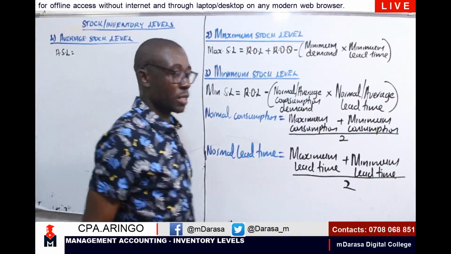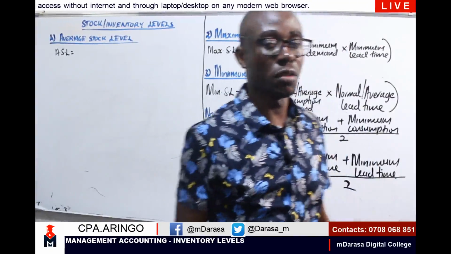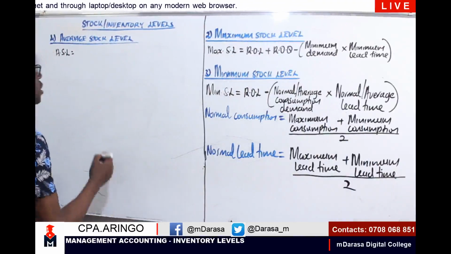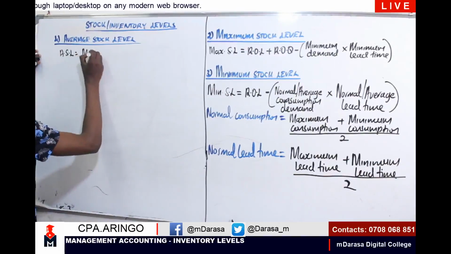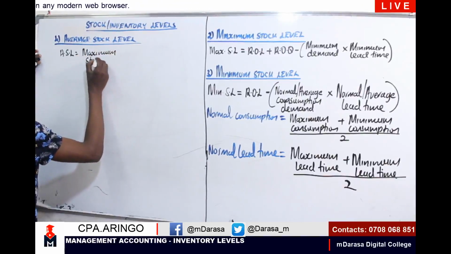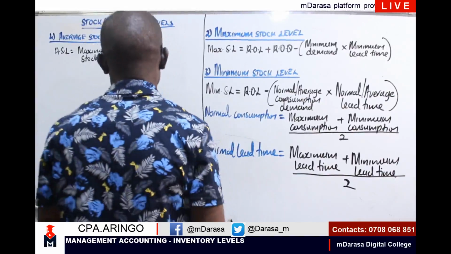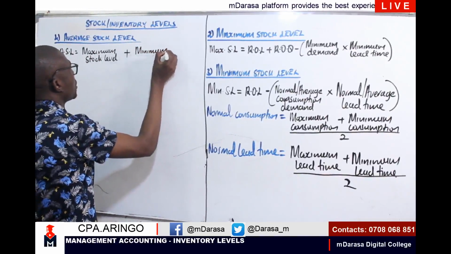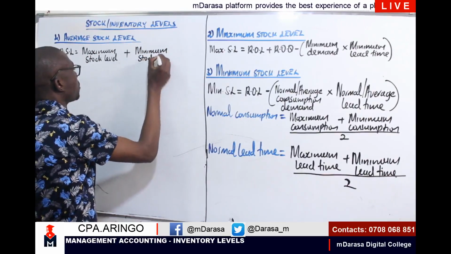This is also a simple concept, because I just want to determine the average inventory that I'll be having in my farm at any given point in time. Once we have determined our maximum stock level, I'll always add it to our minimum stock level.